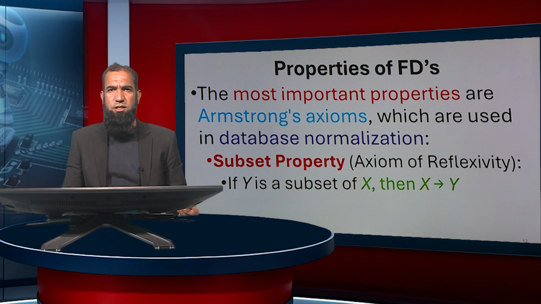The first of these axioms is the subset property, also called the axiom of reflexivity. It states that if Y is a subset of X, then X functionally determines Y, written as X determines Y. This means that any set of attributes automatically determines its own subsets because they already contain that information.